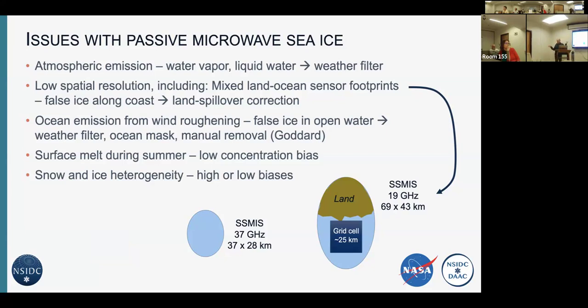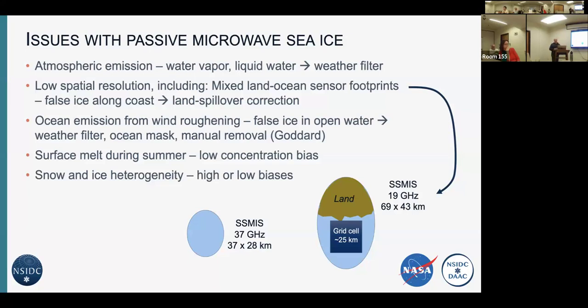And so that brightness temperature is going to be a mixture of the water and the land, particularly during the summertime when the land is snow-free and bare ground. Unfortunately, that bare ground is at a high brightness temperature. The water is a low brightness temperature. And so you put those together and you get something that is basically the brightness temperature of sea ice. So this would show up as sea ice.